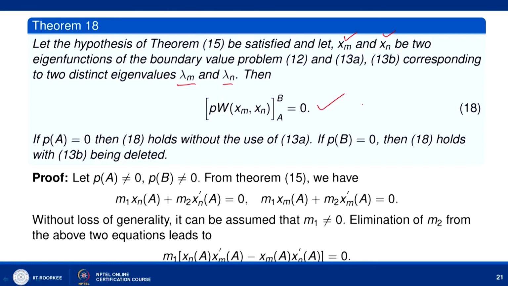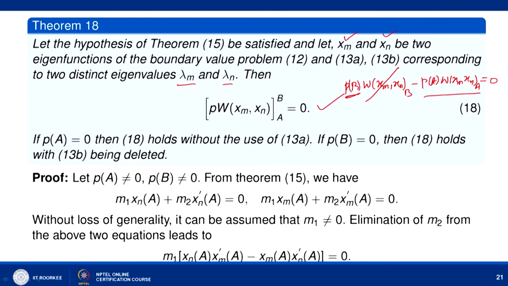In fact, let me write it here. This is p(b) times the Wronskian of xm, xn at b minus p(a) times the Wronskian of xm, xn at a is equal to 0. Now if p(b) is 0, then I need not use this part, only the other is sufficient.